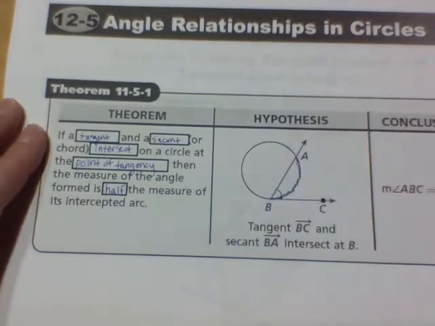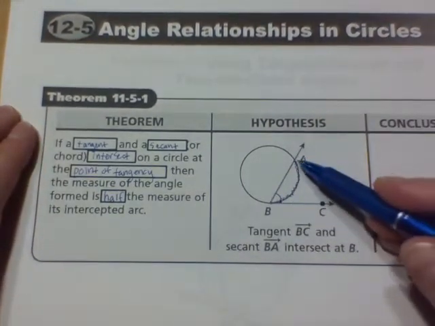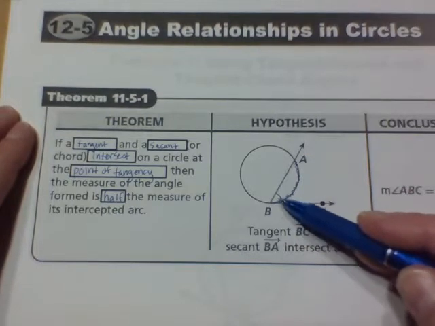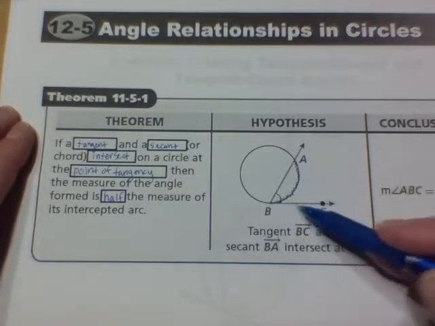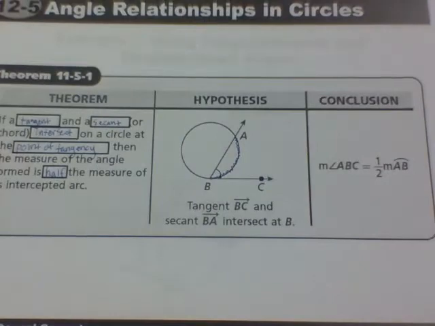And it's weird because the arc goes right into that angle, but again, whatever the measure of this arc is, half of it is going to be angle ABC. And that is what they're saying here.